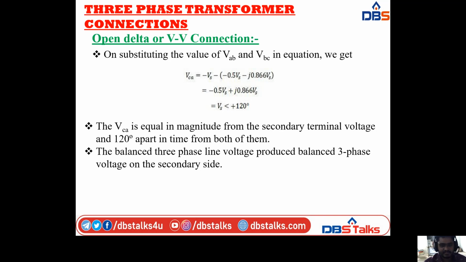The VCA is equal in magnitude to the other terminal voltages and 120 degrees apart in time from both of them. The balanced three-phase line voltage produces balanced three-phase voltage on the secondary side.